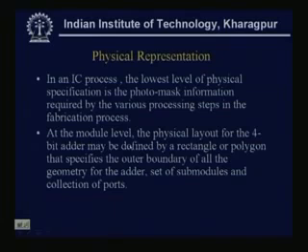Now, at the module level, the physical layout for the 4-bit adder, the example I have given, may be defined by a rectangle or polygon that specifies the outer boundary of all the geometry for the adder. Because if I want to design a 4-bit adder, it is a piece of silicon, say a rectangular piece.